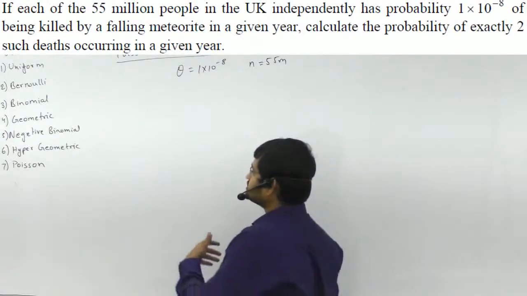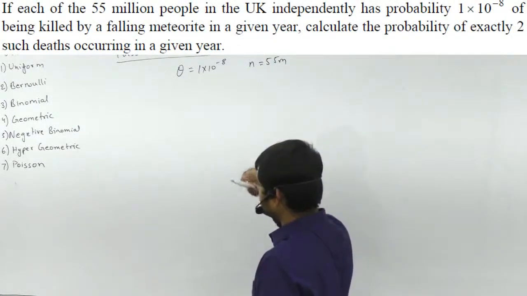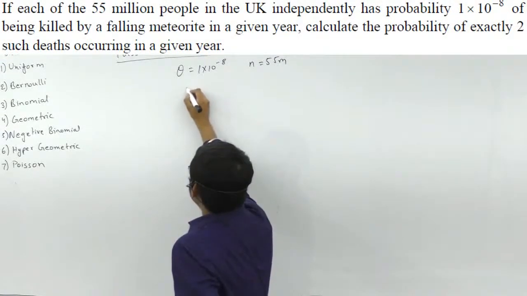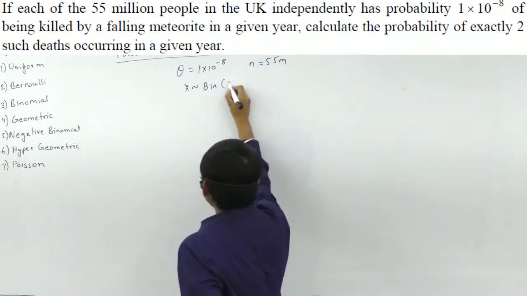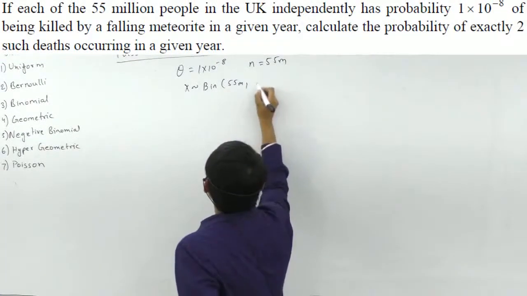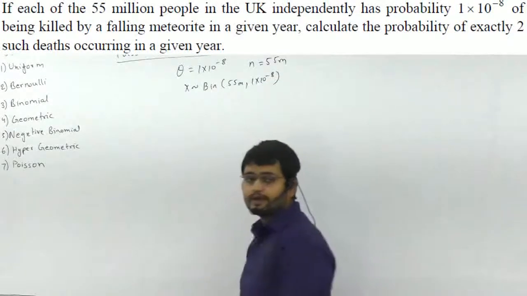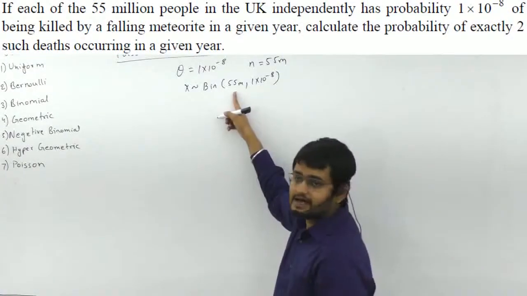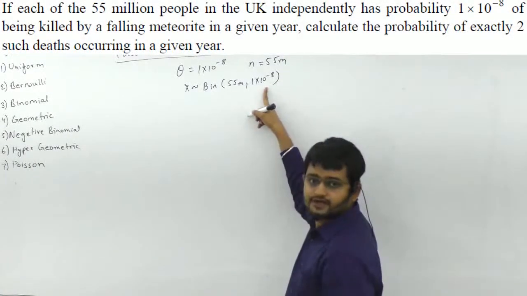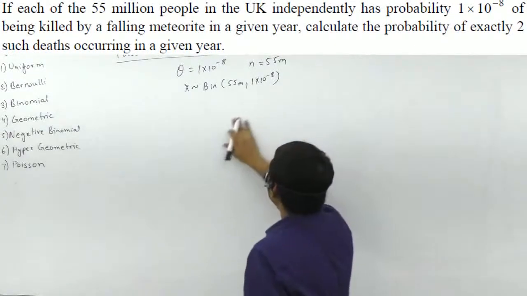If we assume dying is success, this is nothing but binomial distribution. So we have x follows binomial distribution with 55 million comma 1 into 10 raised to minus 8 as its probability of dying. Now because n is really large and theta is very small, we can convert this into Poisson distribution. So how do we write it?